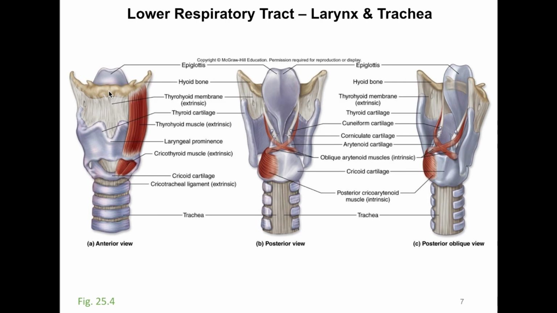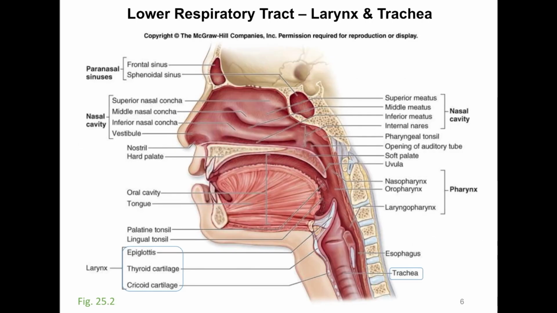And this is a membrane here that's going to connect the hyoid bone to this big, huge cartilage, which is called the thyroid cartilage. And this point of the thyroid cartilage is called the laryngeal prominence. The laryngeal prominence is basically where your Adam's apple sticks out, depending on how big it is, how far your Adam's apple sticks out.